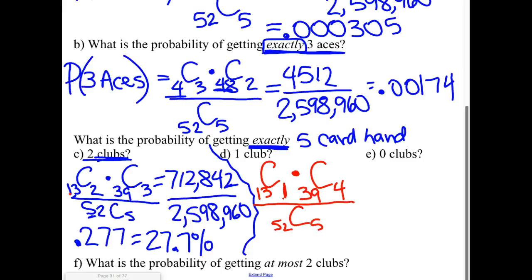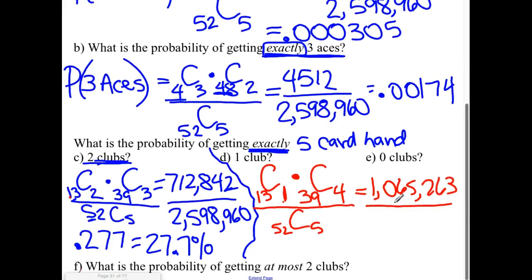So now again, we're going to figure out the top. I'm going to have to erase this because I'm running out of space. On top, when we multiply this, we're going to get 1,065,263. And on the bottom, what we're going to have is again 2,598,960.